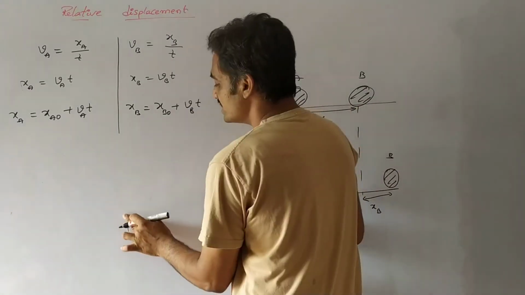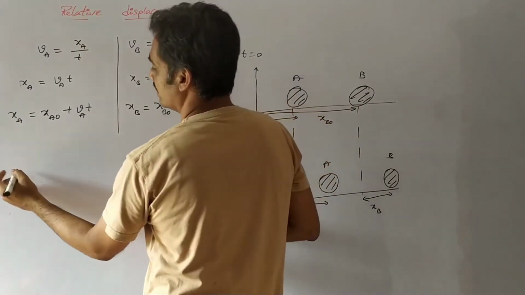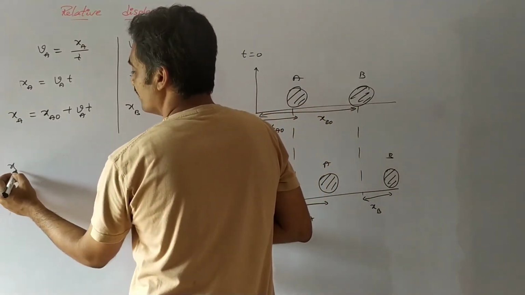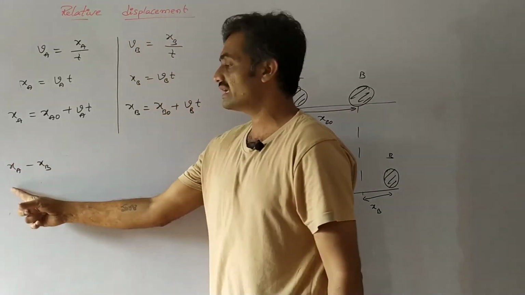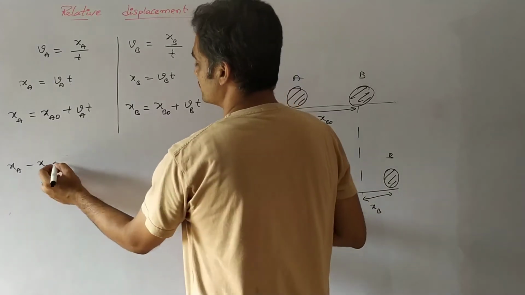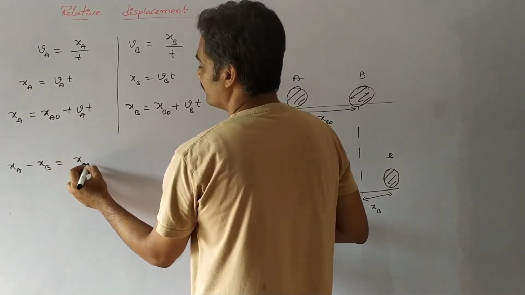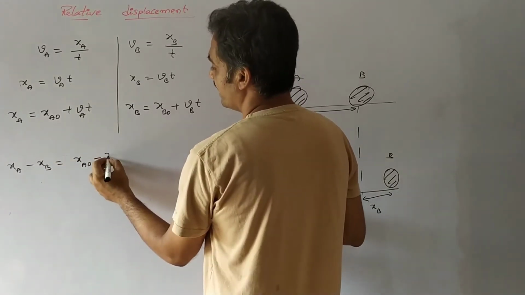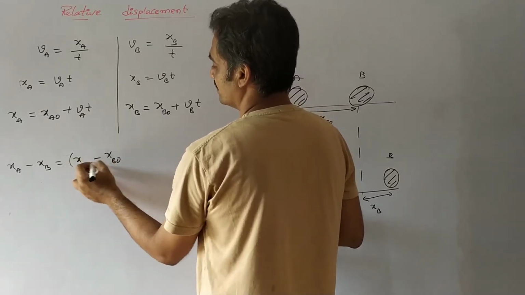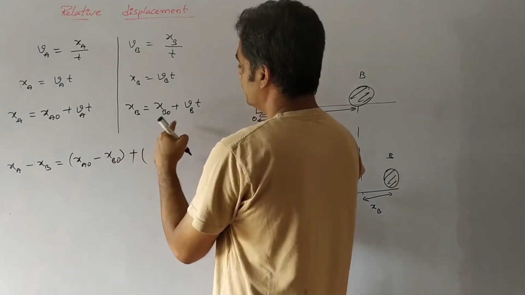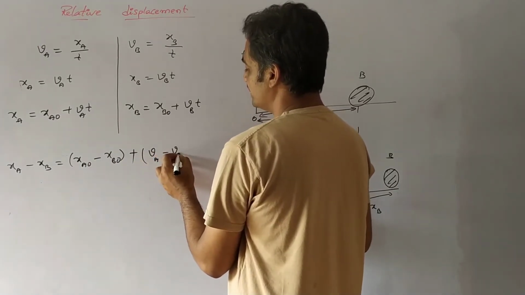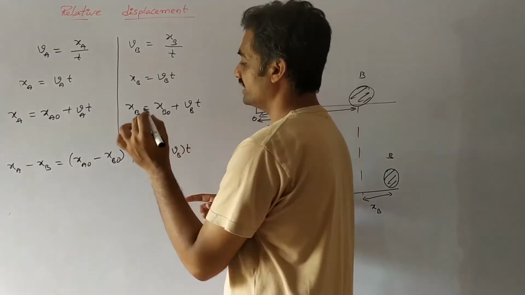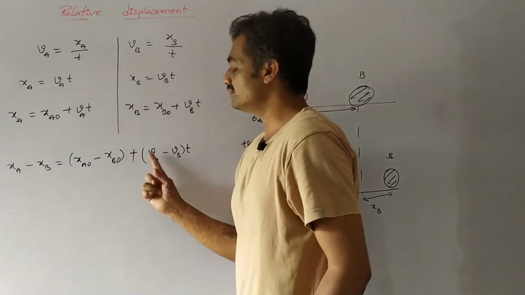Now we have to find the relative displacement between the two bodies A and B. For that we just subtract these two equations, the position of B from the position of A. Then we can write x suffix A minus x suffix B equals x AO minus x BO plus velocity of A minus velocity of B into time t, because time is common in both the velocities.